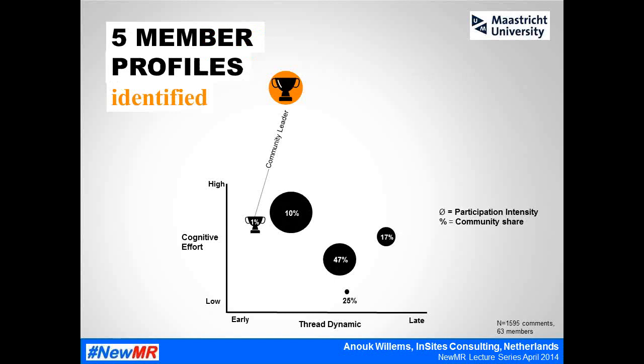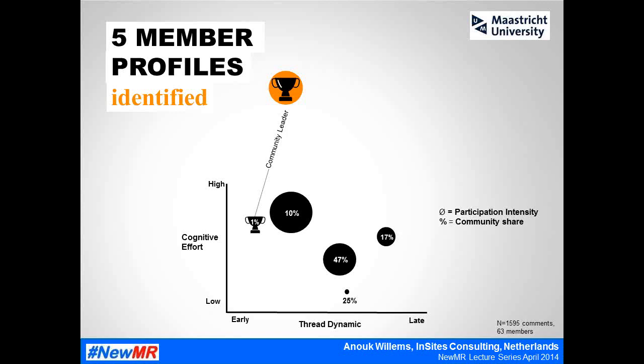Well, to identify these segments, we did a cluster analysis. And here you can see the overview of all member types, and we will discuss them in depth in a minute. Now, here the clustering is based on the three most important variables, which are participant intensity, which is the number of posts that one member did.